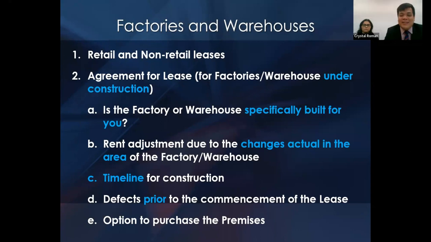Now, why am I touching base on the retail and non-retail lease in this section? It is because it is important to understand that the cases that determine the tests actually come from factories and warehouses. In the ultimate consumer test, the case in question is the CB Cold Storage case, which involves a premises for a cold and cool storage warehouse and transport facility.